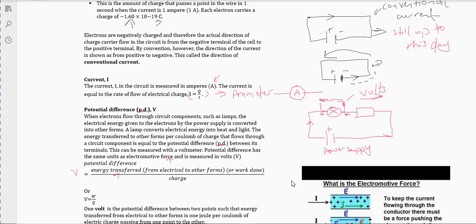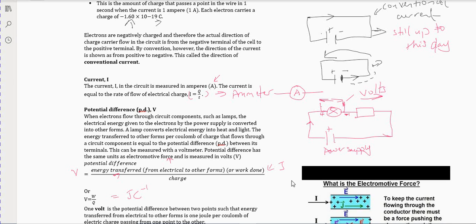So in order for the light to come on, the charge that is flowing needs to do some amount of work. That work, which is measured in joules, divided by the actual charge that is flowing through the component, will give us the volt. So in other words, a volt, in terms of these units, is equal to joules per coulomb.